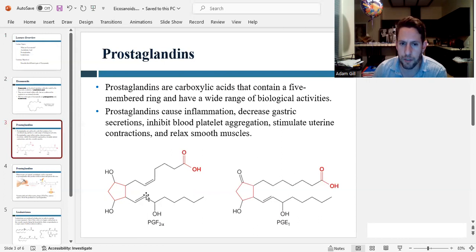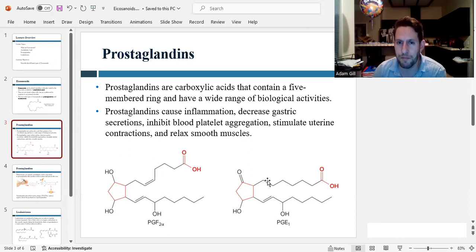And it's got two tails. The one tail has the carboxylic acid, the other one doesn't. And then they are oxidized at various points to have either alcohols or carbonyls sticking off of it. And there are a dozen or more different prostaglandins. These are just two examples of some common ones.